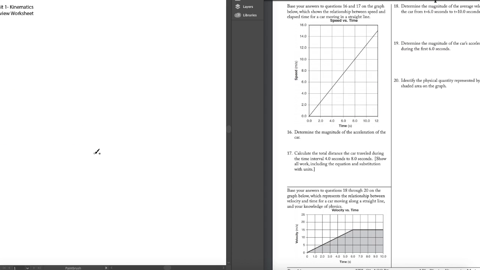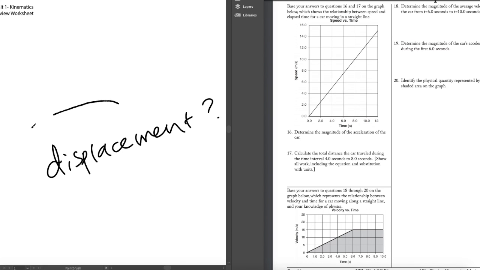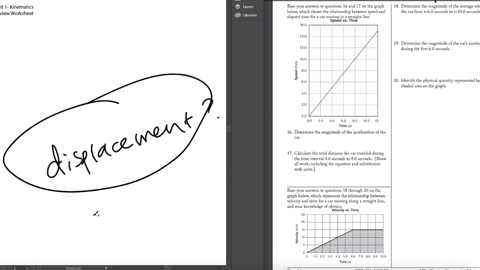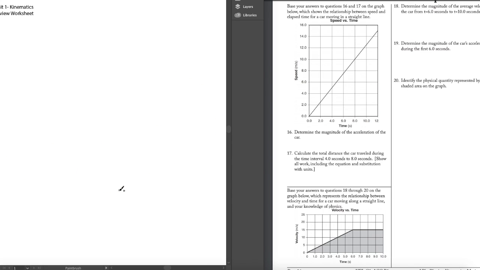The physical quantity. Displacement, I think. Yeah. Right? Displacement, according to Mr. Dan Fullerton, I believe that displacement is the area under the curve.